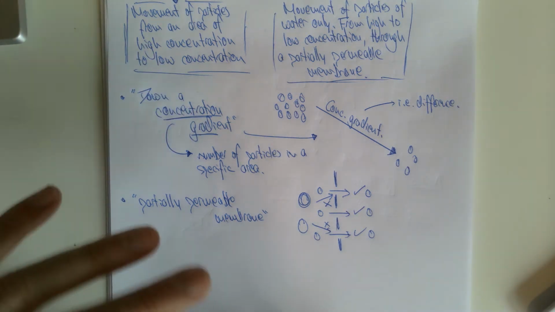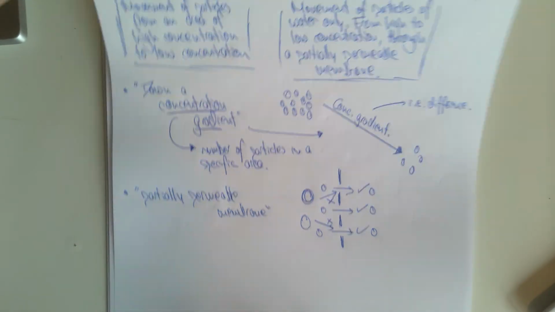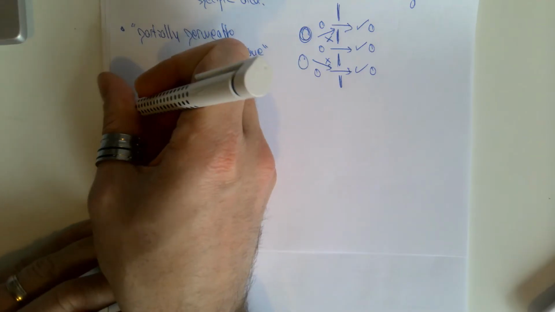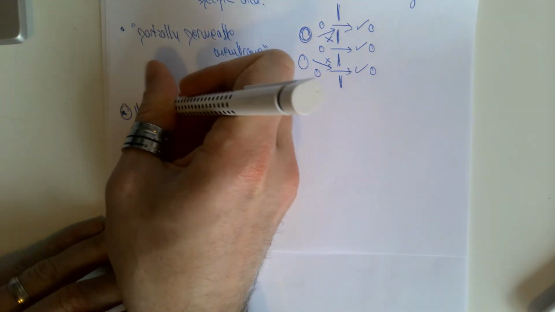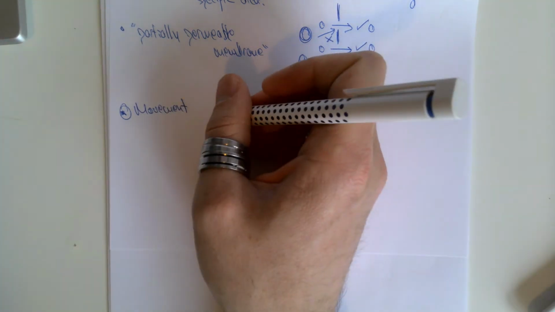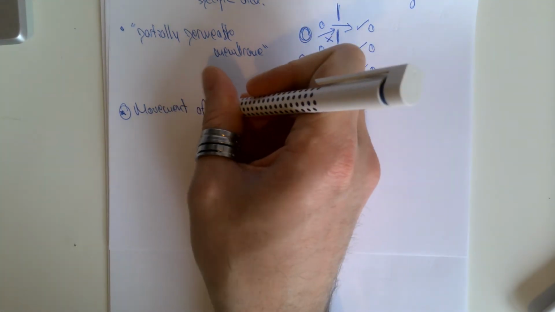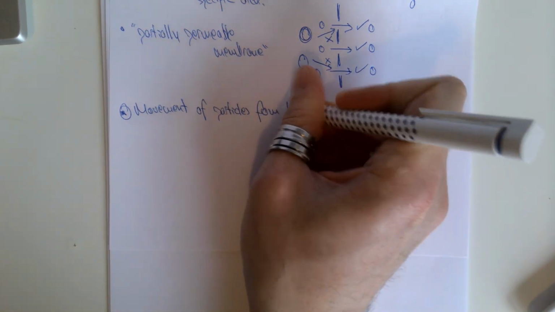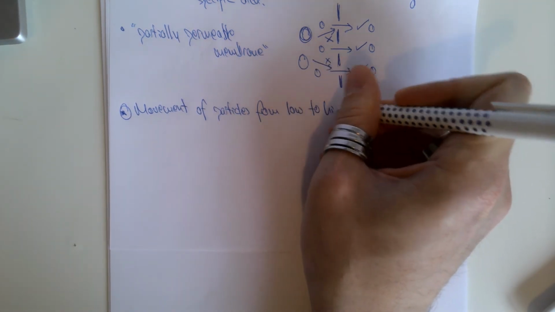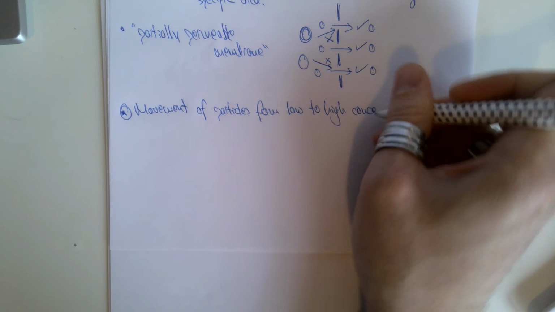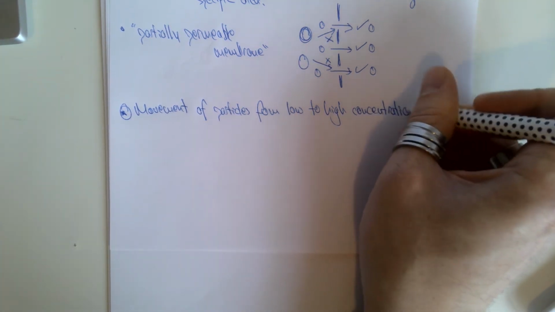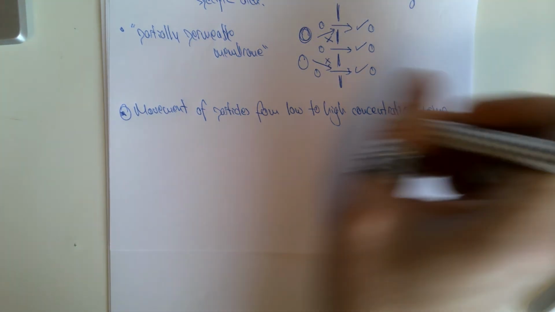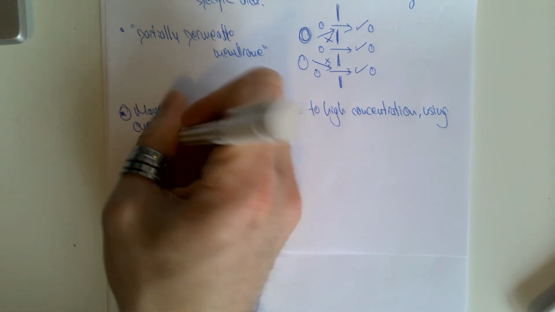Now, how does active transport figure into this? Active transport, if you want a definition for it, is the movement of particles from low to high concentration using energy.